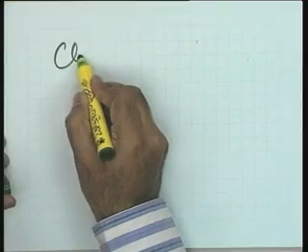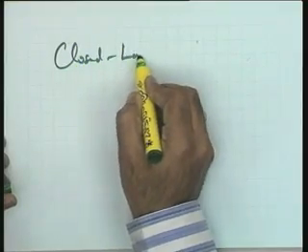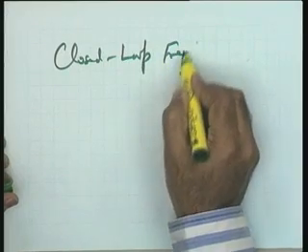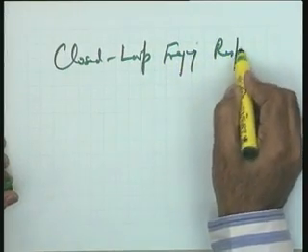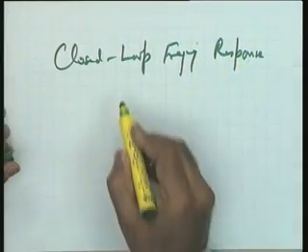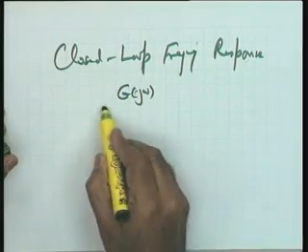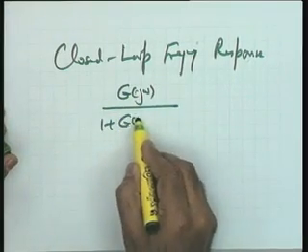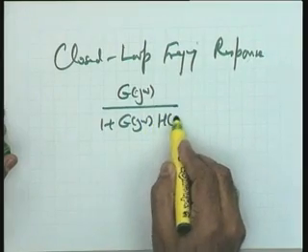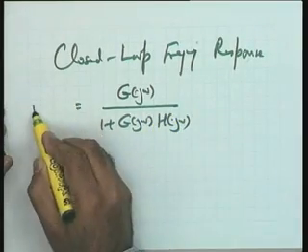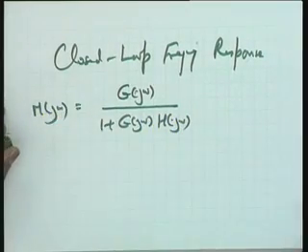Now going to the closed loop frequency response measures. Closed loop frequency response, as you know, your experimentally obtained data is G(j omega), and your closed loop frequency response is 1 over 1 plus G(j omega)H(j omega). This is your closed loop frequency response M(j omega).